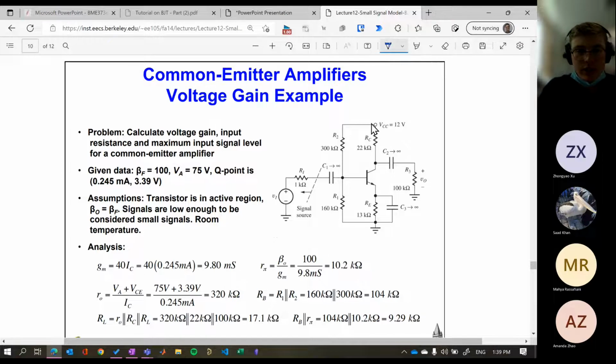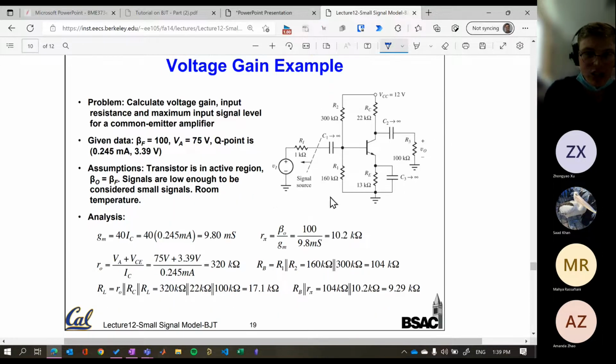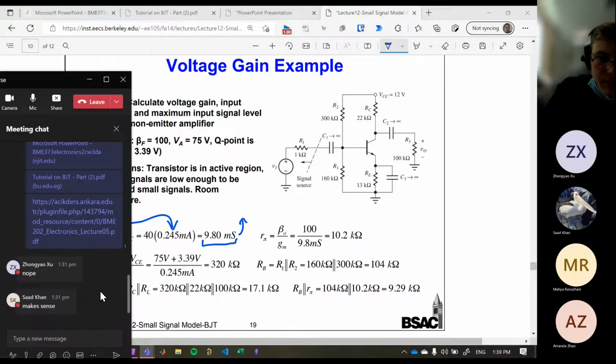So the first thing that we do is we're going to calculate GM. It's 40 IC, this is just IC on 26 millivolts. We get GM to be, this is our IC that we're plugging in, by the way, 9.8 millisiemens. Does anyone know what Siemens is the unit for?